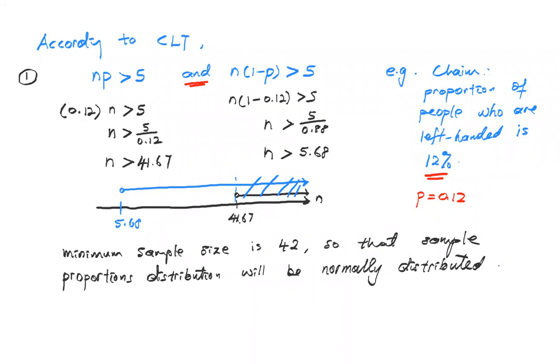So should I take 100? Should I take 200? No, I think 100 is much, much bigger already. Am I right? So I don't have to waste my time and money to take a sample size of 200. Are you clear?